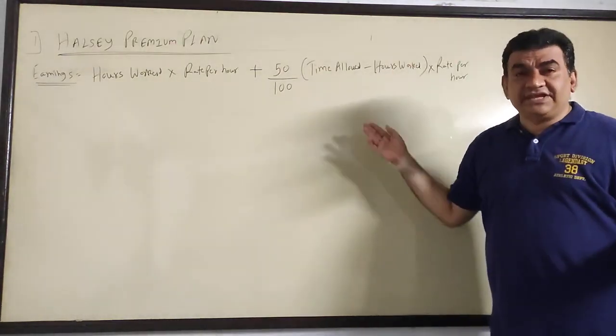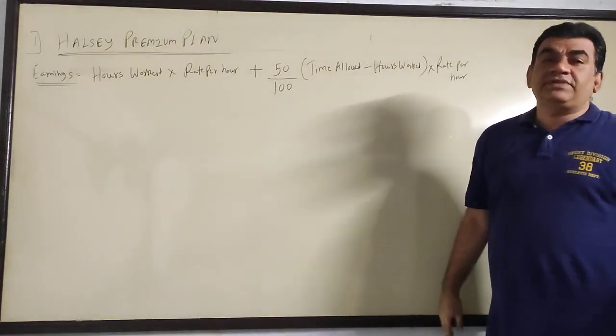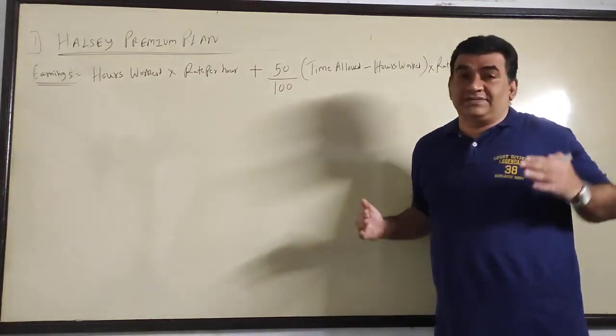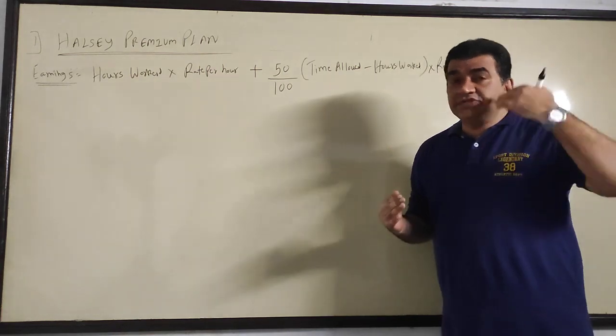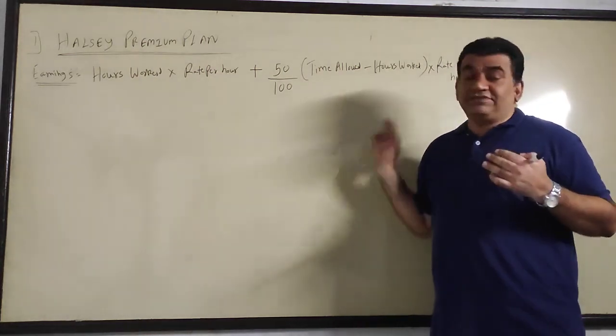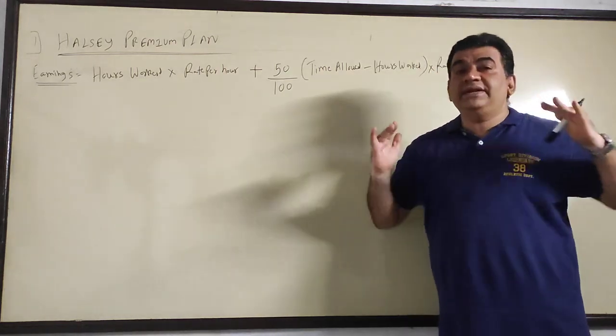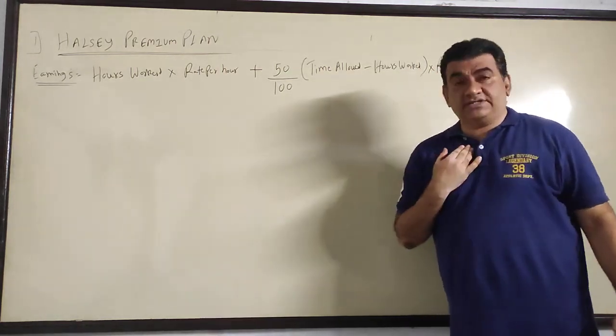Even if you write time saved in the formula, the calculation will be the same, but I am going according to the formula which is prescribed in the syllabus. Because sometimes the person who is correcting the paper may deduct marks if you write different words. So let's not give anybody a chance to deduct your marks.